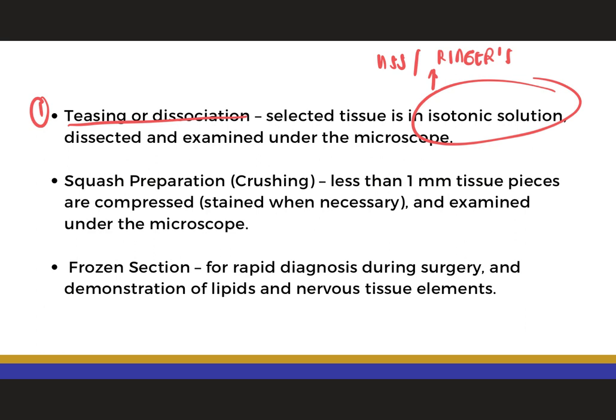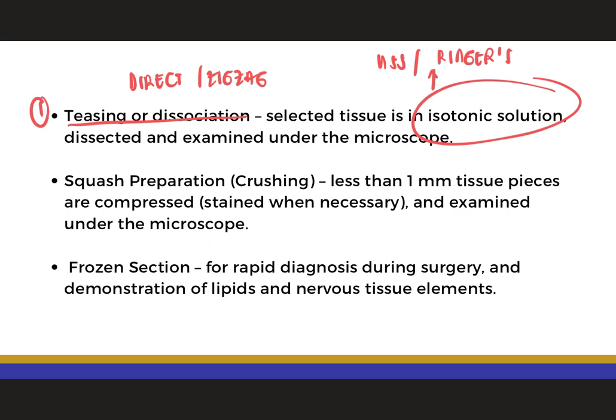So again, this isotonic solution is being placed in a petri dish or watch glass. And then afterwards, you are going to carefully dissect or separate your tissue specimen by using a direct or zigzag spread using an applicator stick.